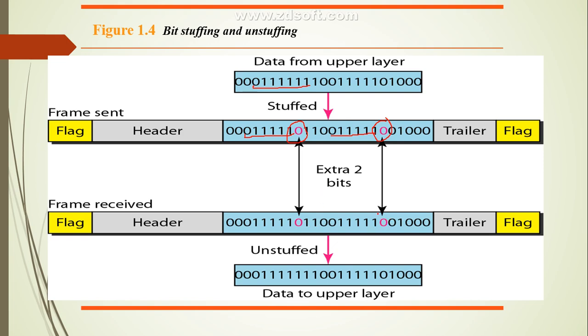Similarly over here, we are going to remove this one. So a 0 and 5 consecutive ones are there. Then the receiver knows that while unstuffing, I need to extract the 0 and take the next bits as data. Which is called what? Unstuffing. So hopefully you understand the character oriented and bit oriented approach.